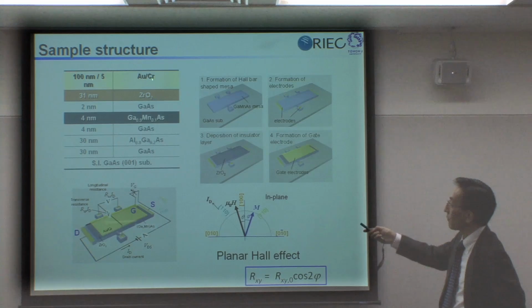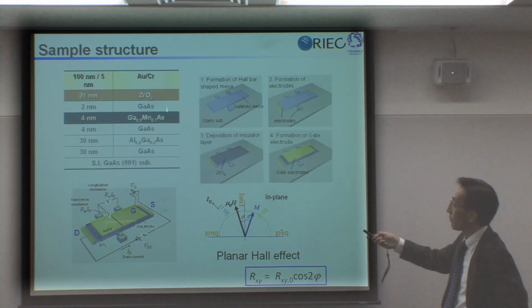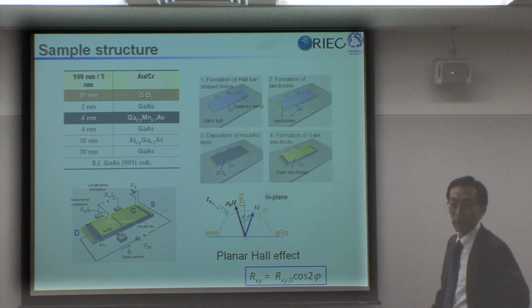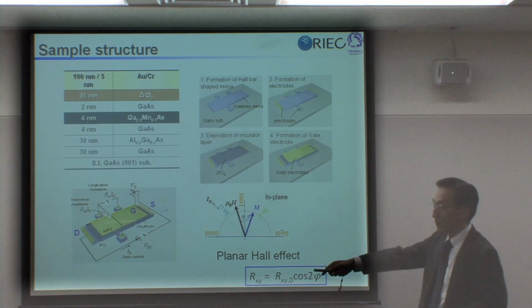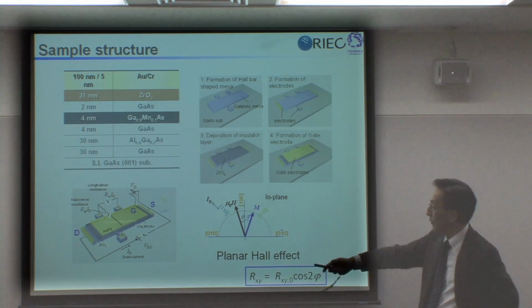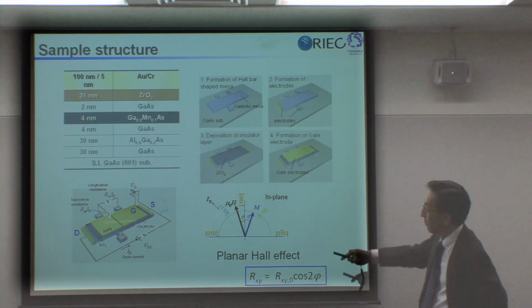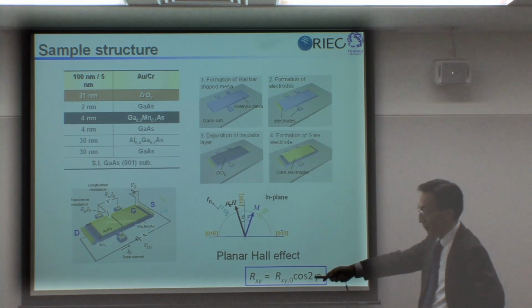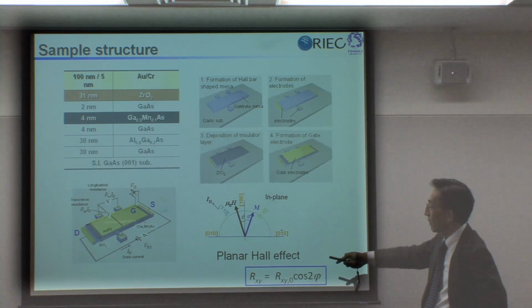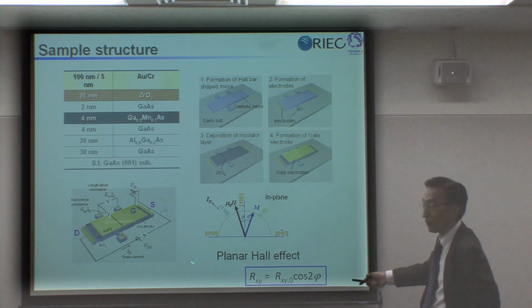And we apply electric field or voltage between gallium manganese arsenide and the top electrode. Here, magnetization lies in the plane of our device. So we have to be able to detect the direction of magnetization which lies in the plane. And for this we use planar Hall effect.